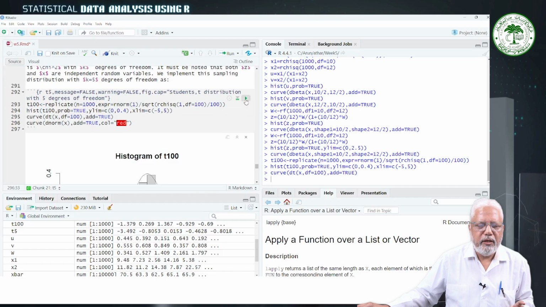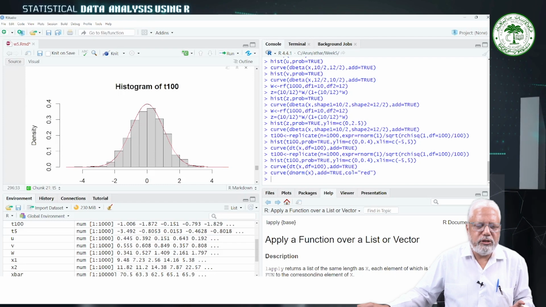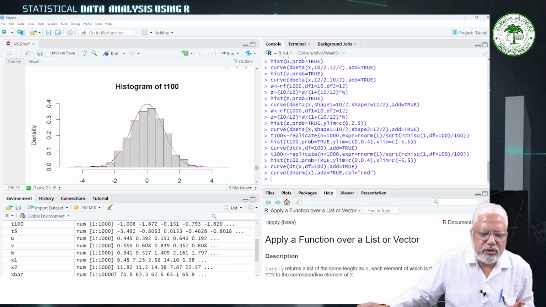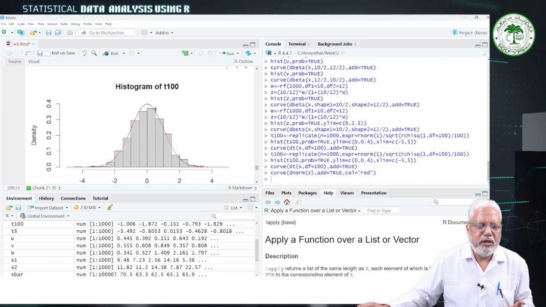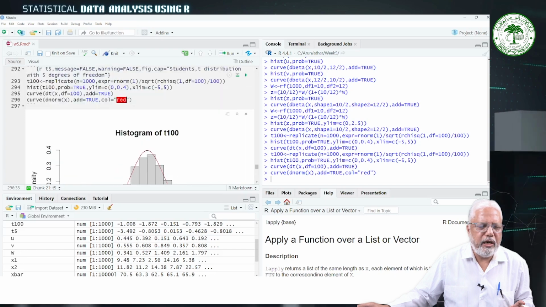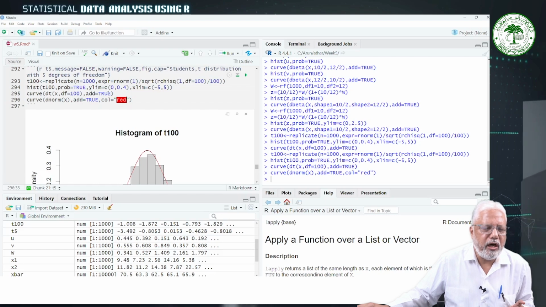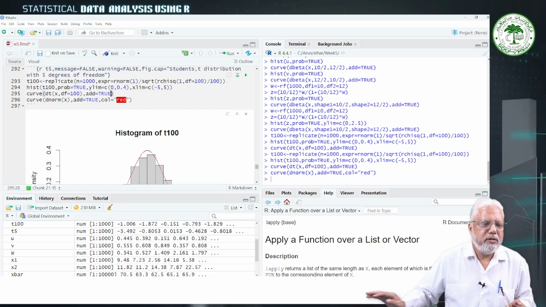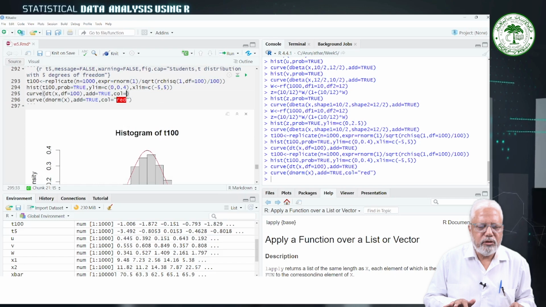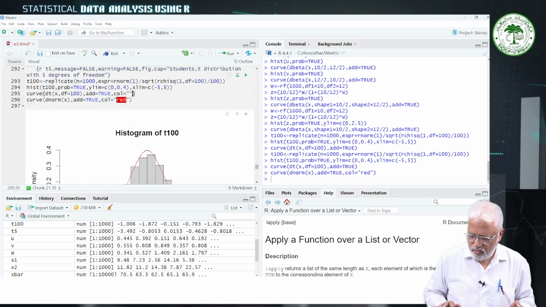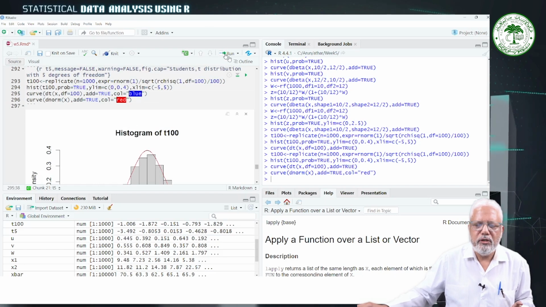See, if we run these commands, it is very difficult to distinguish a normal distribution and a T distribution with 100 degrees of freedom. They are so close that we cannot distinguish them. See, if we change the color of the T distribution, col equal to blue, see what happens.